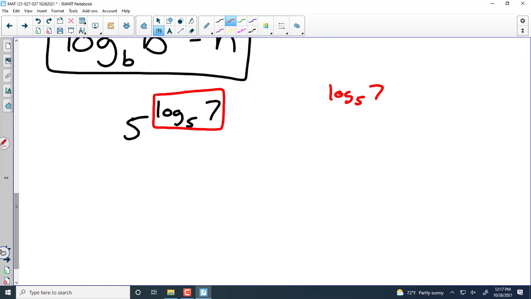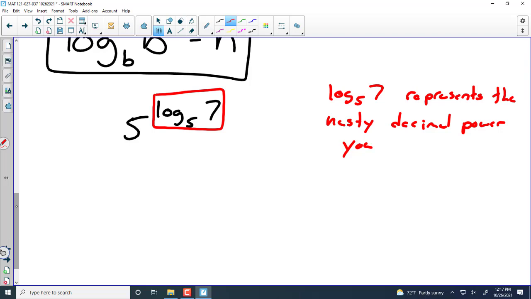Log base 5 of 7, which you see right there with the red box around it, represents the nasty decimal power you would put on 5 to get a result of 7. I do not know what log base 5 of 7 is, but I know what it's asking for.